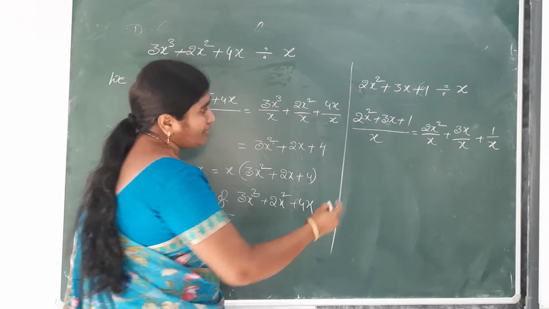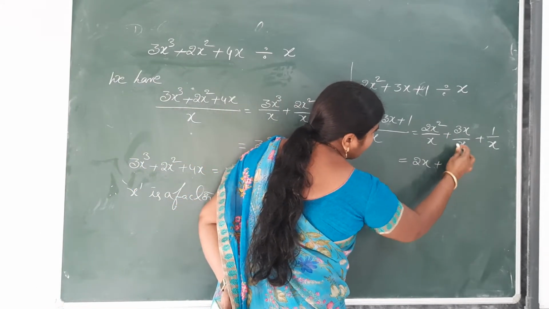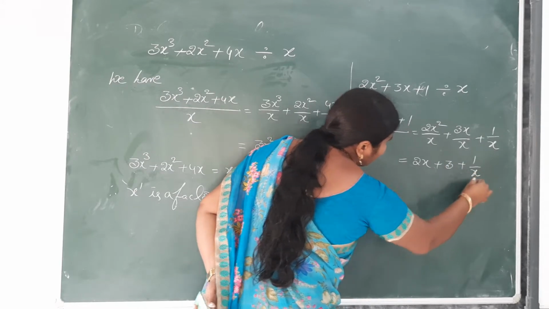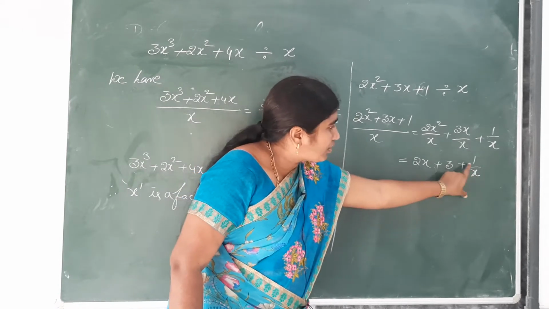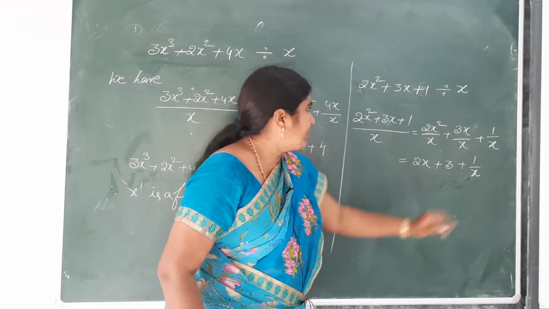Here x cancels, 2x plus x cancels, 3 plus 1 by x. It is not a polynomial since 1 by x has negative power.